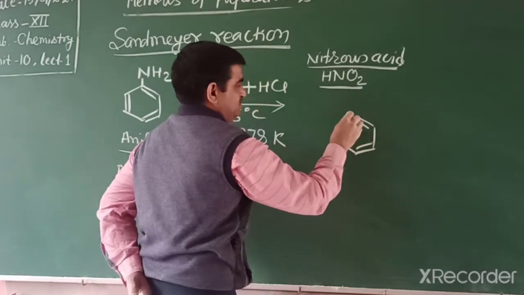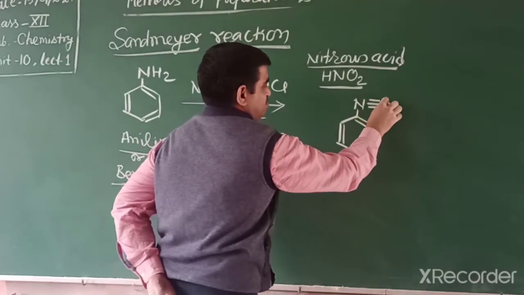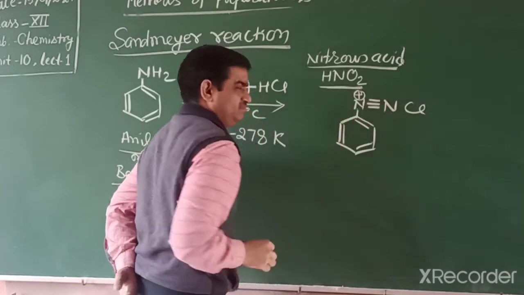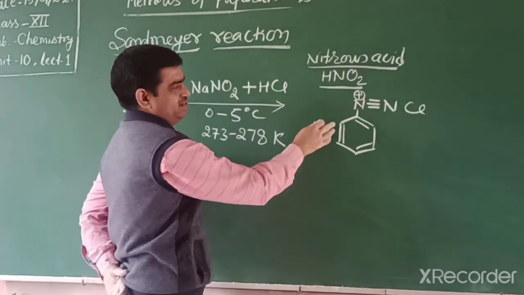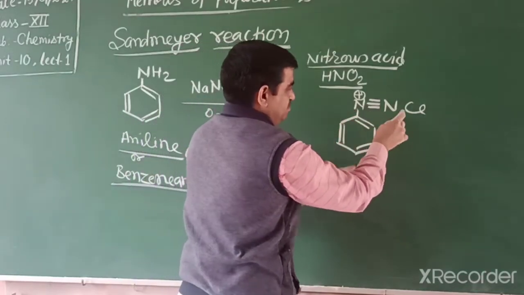So what is the structure of this salt? Like this, a triple bond and Cl, N plus. Generally it is written like this. Its name is benzene diazonium chloride.